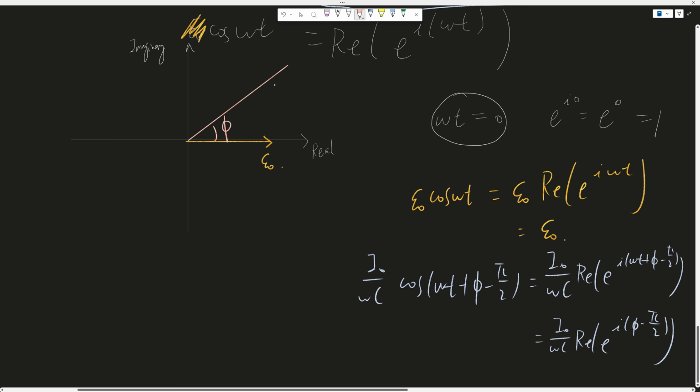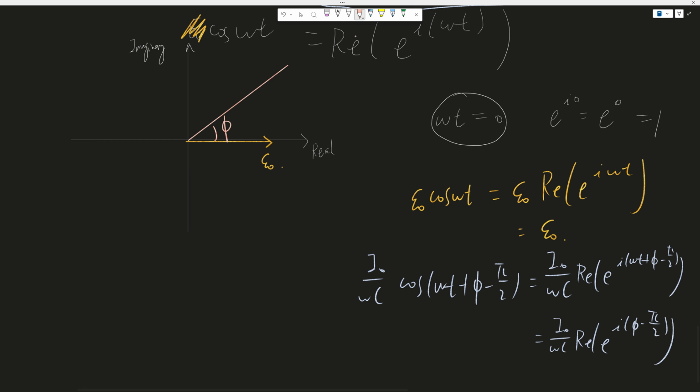And so minus pi over 2 means rotating this by pi over 2 clockwise. And so what would that look like? If we draw that, it will look like this. And its magnitude, again, is just I0 over omega c. And so let me just draw that. We'll have I0 over omega c. And here it's a right angle.